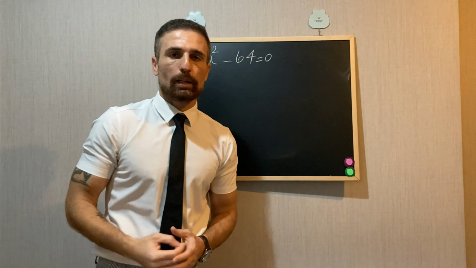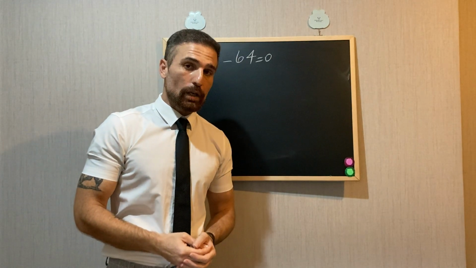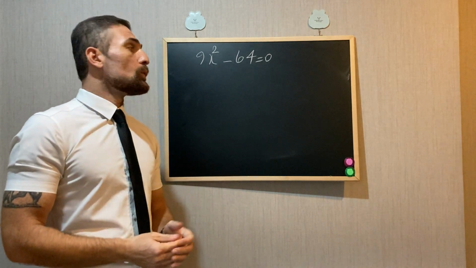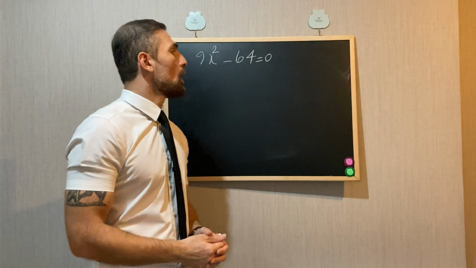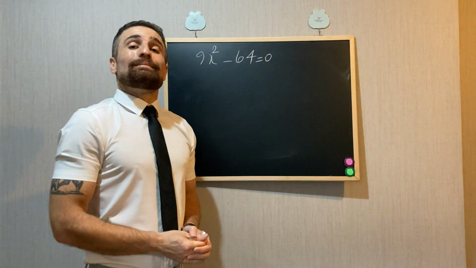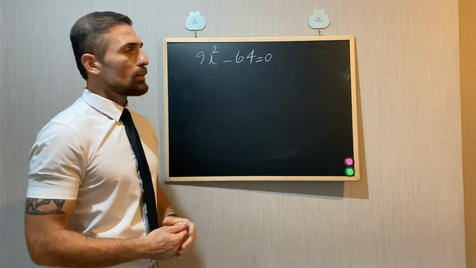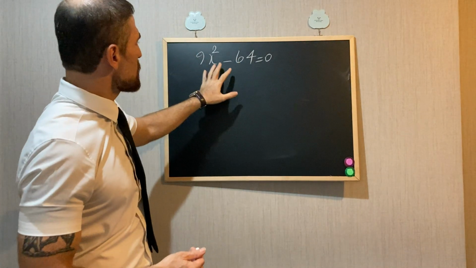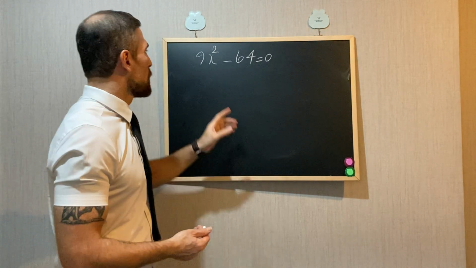Now you tell me, what should we do to solve this equation? Pause the video, do it, and tell me the answer. Okay, 9x squared, 64. At first look, we can see both of them are perfect squares.